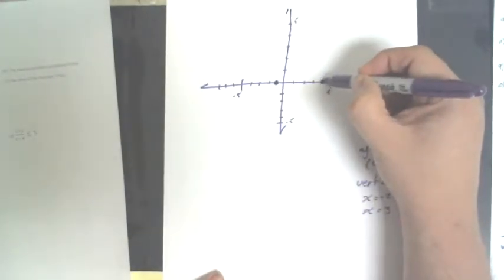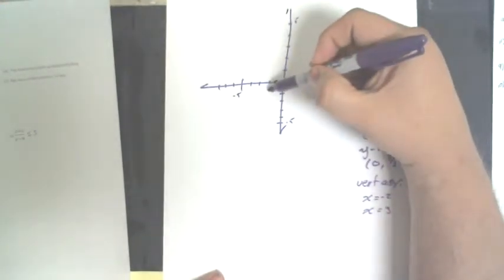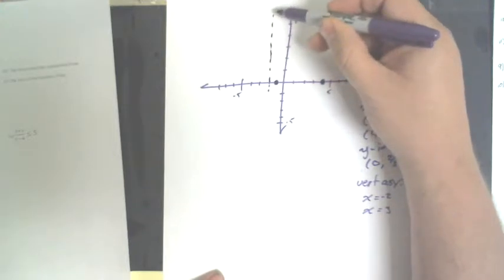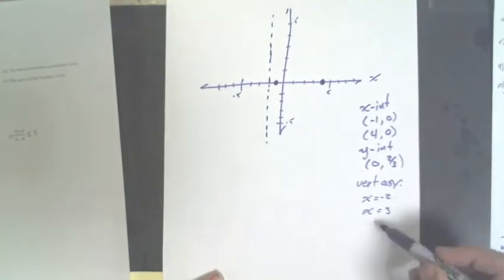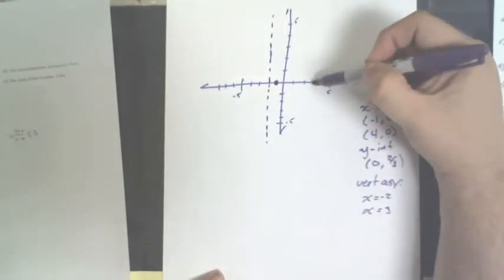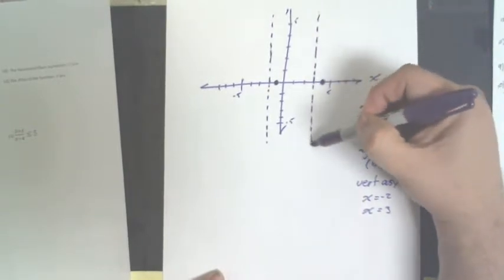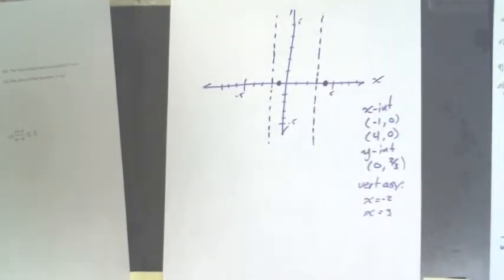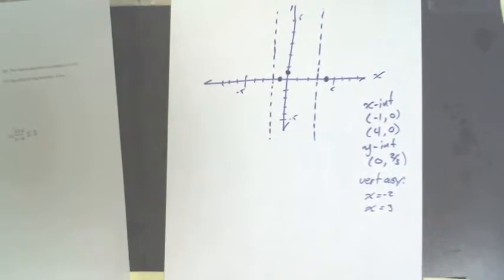Vertical asymptote, the line y equals -2. Oh, sorry, x equals -2. That's the line x equals -2, all points where x is -2. X equals 3, right next to there. And y-intercept at 2/3, so partway through there.